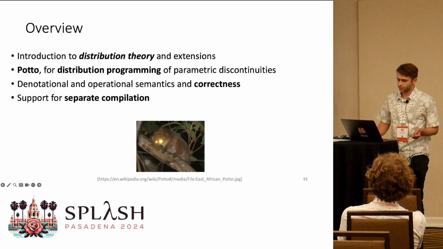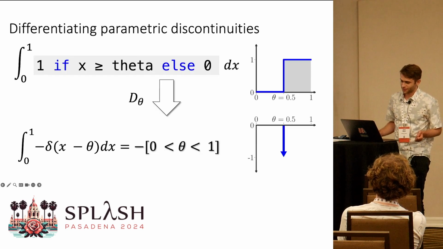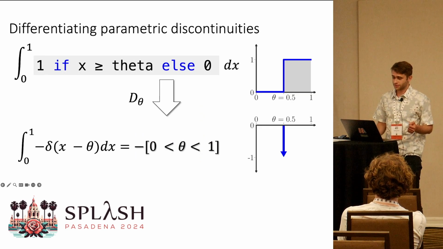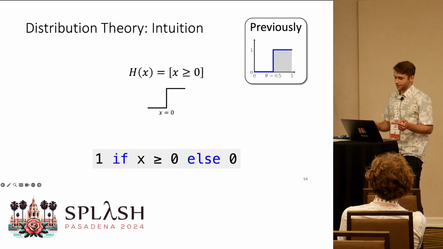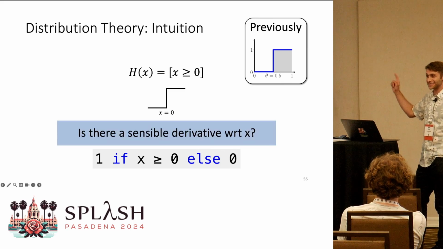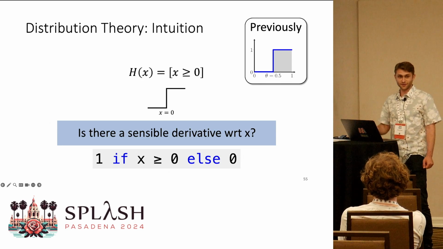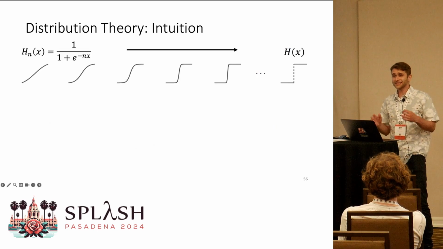All right, so going back to the contributions, now we know what separate compilation is. So let's revisit our previous example. And what we're going to do is simplify it a little bit more. And we're going to ask this question. Is there a derivative of the Heaviside step function? So here's going to be our approach.